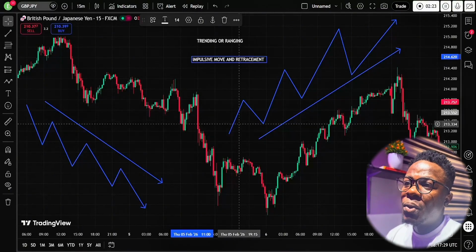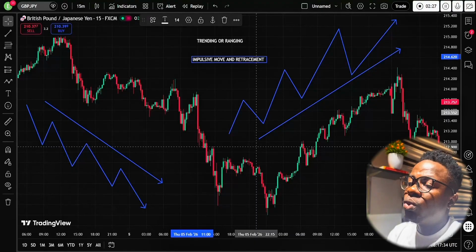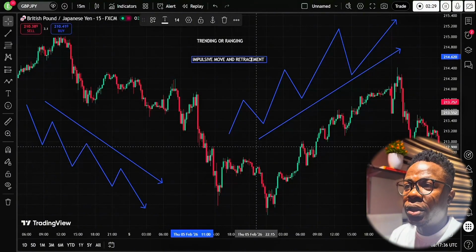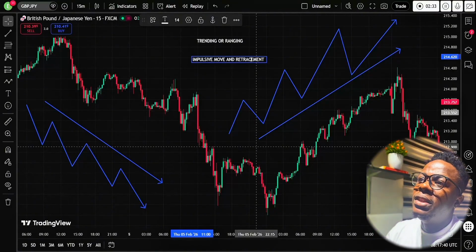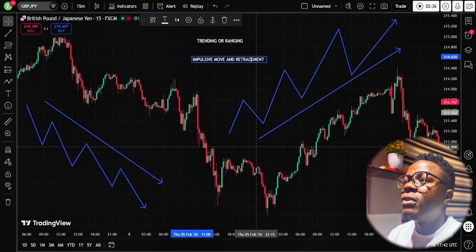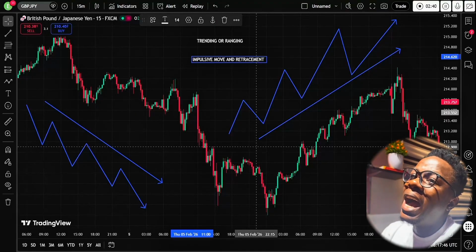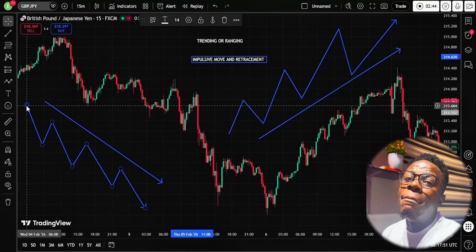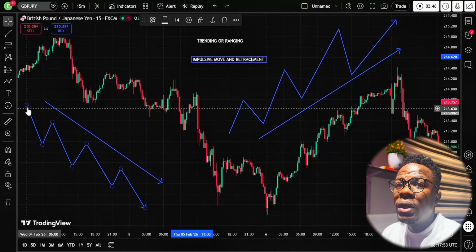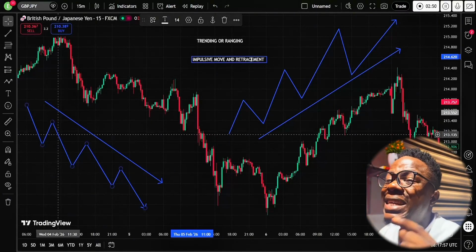For instance, when the market is moving upward in an uptrend, the impulsive move is that move to the upside, right? Now, retracement is a move against the impulsive move. So when the impulsive move is going upward, retracement is the move that comes downward in an uptrend. Now, for a downtrend, the impulsive move is the move downward, whereby the retracement is the move upward in a downtrend.